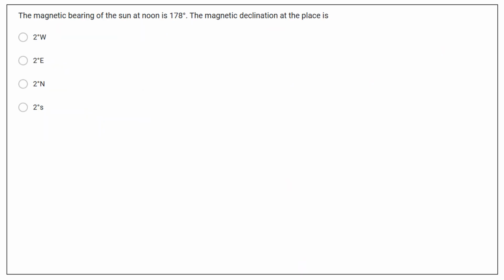The next question, question number 2. The magnetic bearing of Sun at noon is 178 degree. The magnetic declination at the place is. The formula is true bearing equals magnetic bearing plus or minus magnetic declination.